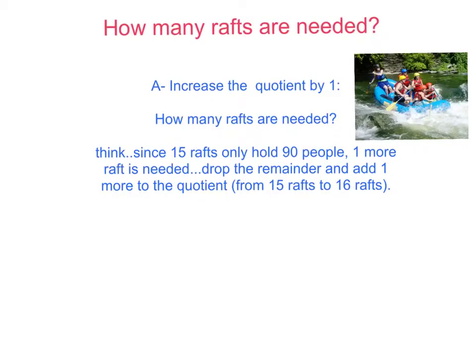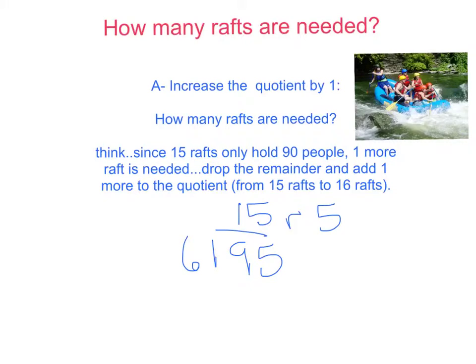Okay. Back to the first part of the question. The first part of the question said, how many rafts are needed? So remember that when I divided 6 into 95, I got 15 remainder 5. So I need to figure out how many rafts are needed.